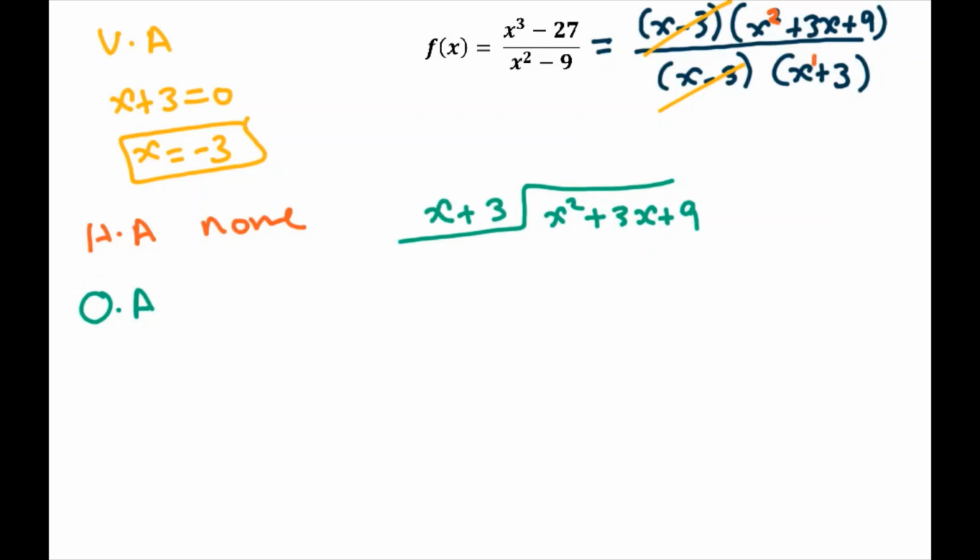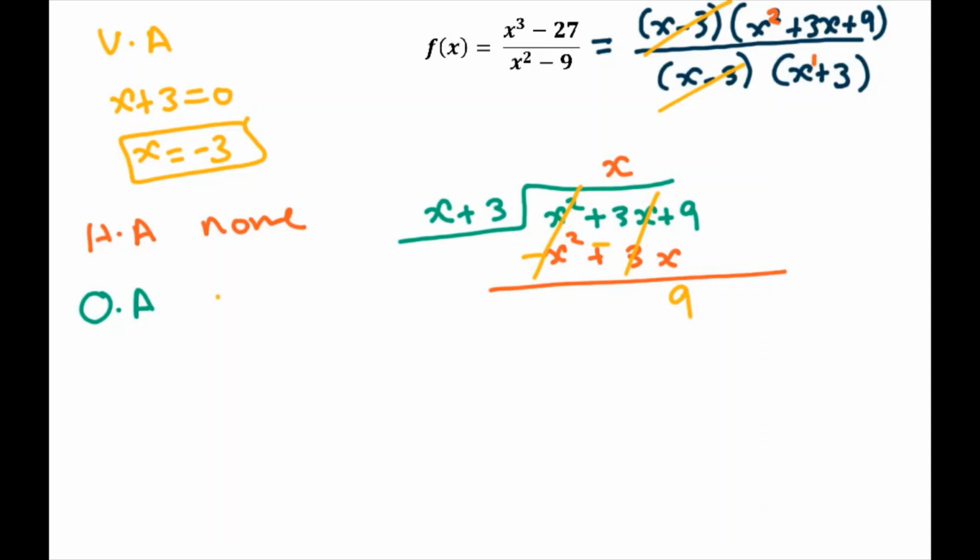Okay, now by dividing, x squared divided by x is x squared plus 3x, plus 9. That's it. You cannot divide 9 by x plus 3.